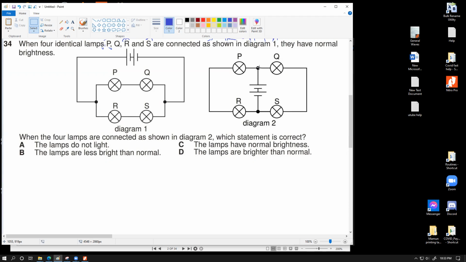Now, because the current is getting divided through the P end and also the R end, after the splitting is done, these two currents will ultimately merge with each other at the end of the complicated circuits.